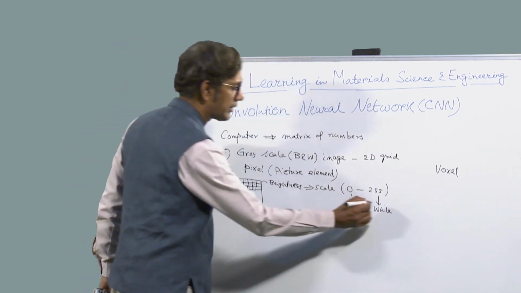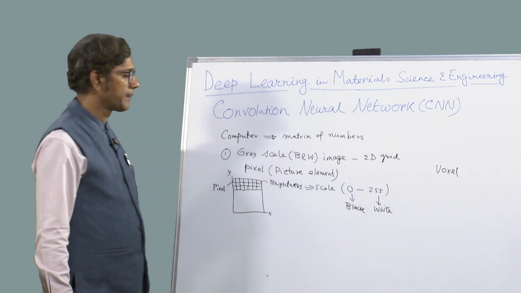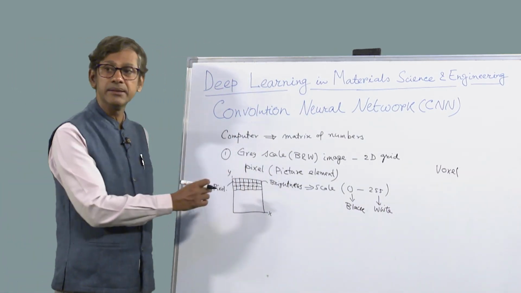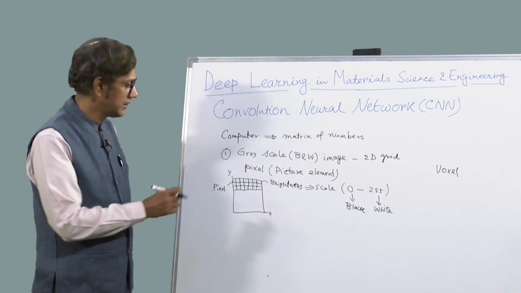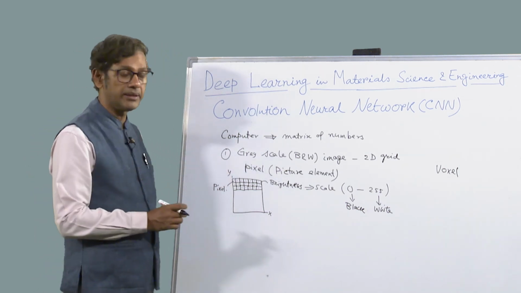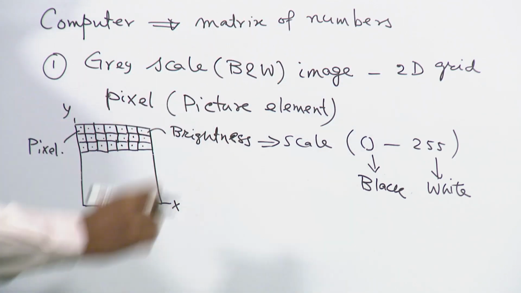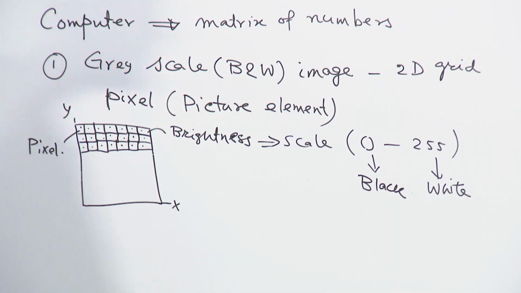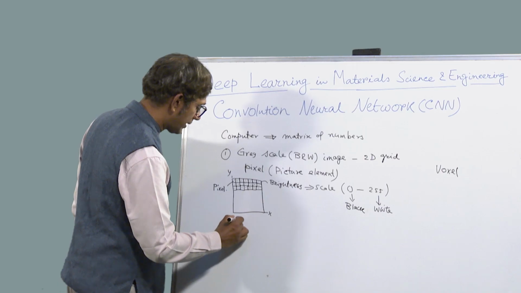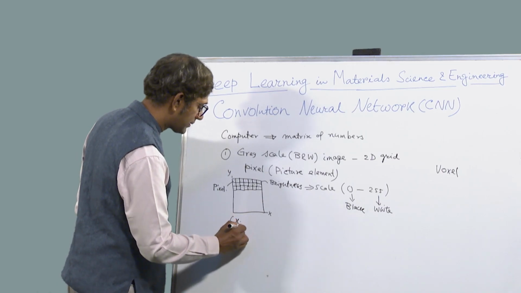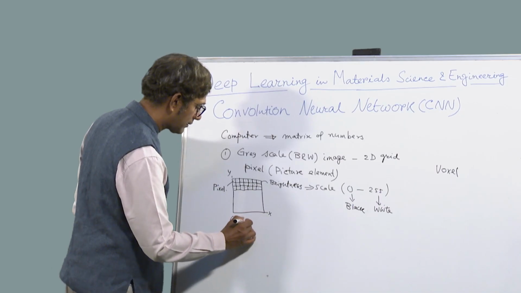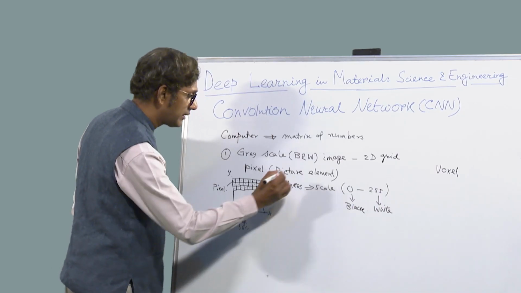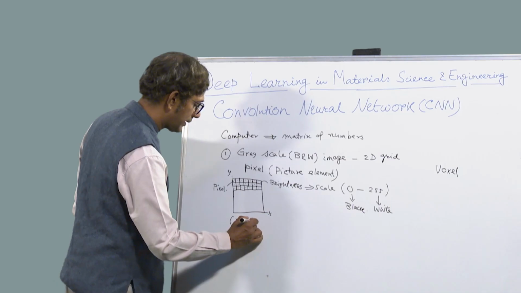That is what it is. So, each element I can give a number depending on the intensity of the element, either 0 or any other number between 0 and 255. Hence each element will have 3 coordinates: x, y, and obviously the intensity or brightness.